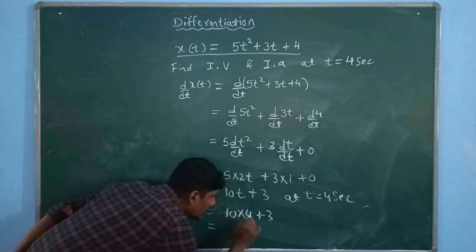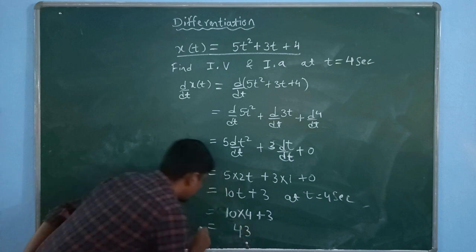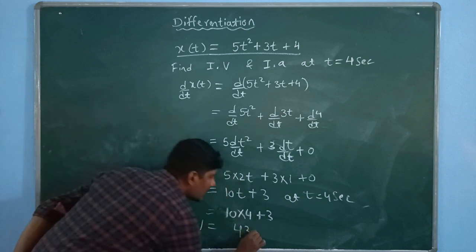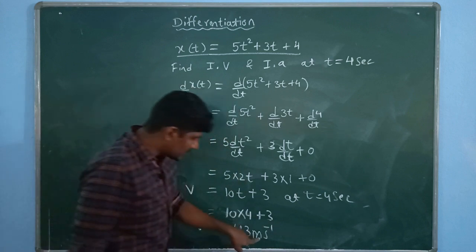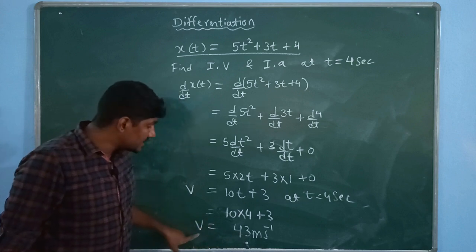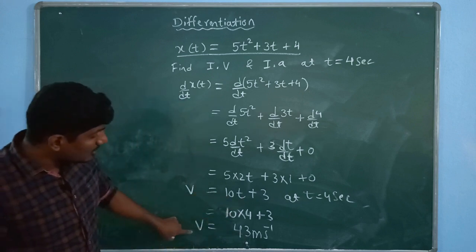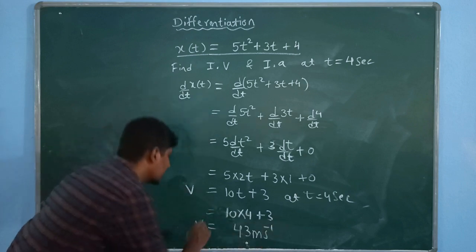So the answer is 10 into 4 is 40 plus 3 is 43, and the unit is what? Meter per second. This is the answer. Instantaneous velocity, meaning velocity at 4 seconds, is 43 meter per second.